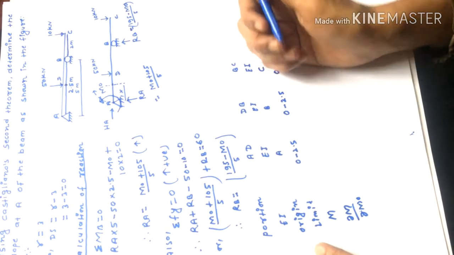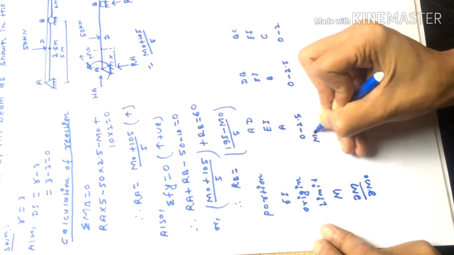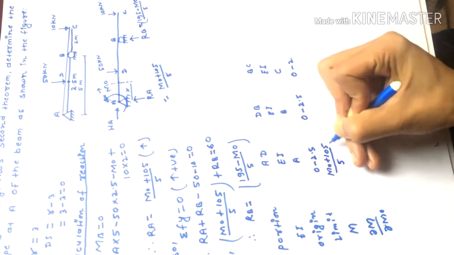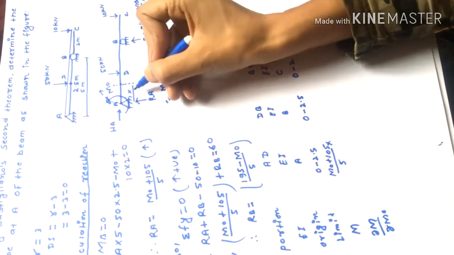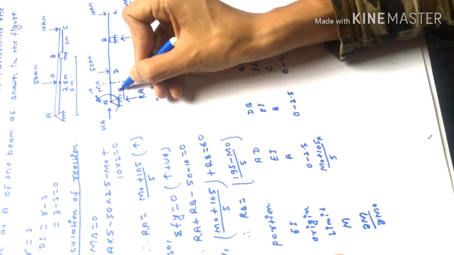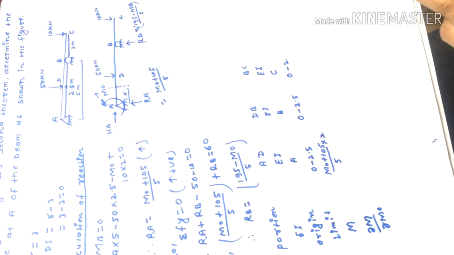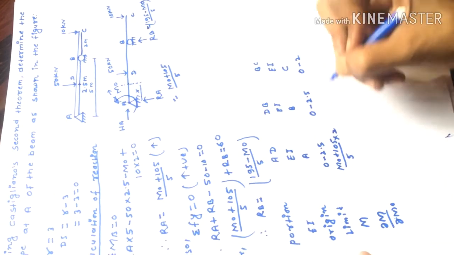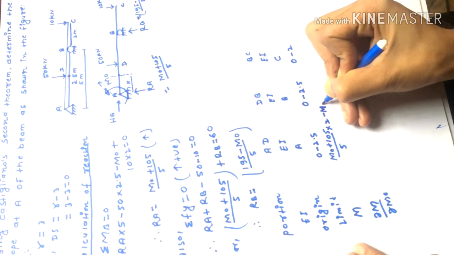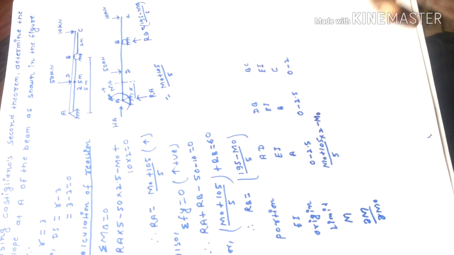So let us take m0 plus 105 divided by 5 into the perpendicular distance x. Here m0 is acting in anti-clockwise direction, so on moving from left to right, anti-clockwise direction is taken as negative. That is the bending moment in portion AD.